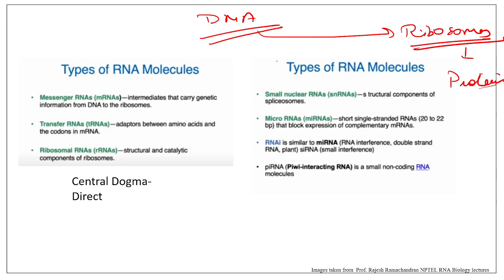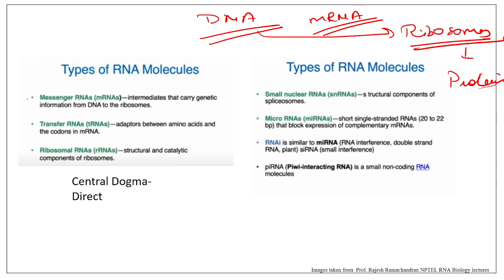Now DNA cannot directly take the sequence to the ribosome, so it requires an intermediate, and that intermediate is your mRNA, which is messenger RNA. It acts as a messenger as it carries the message from the DNA to the ribosome. That is why it is known as messenger RNA.